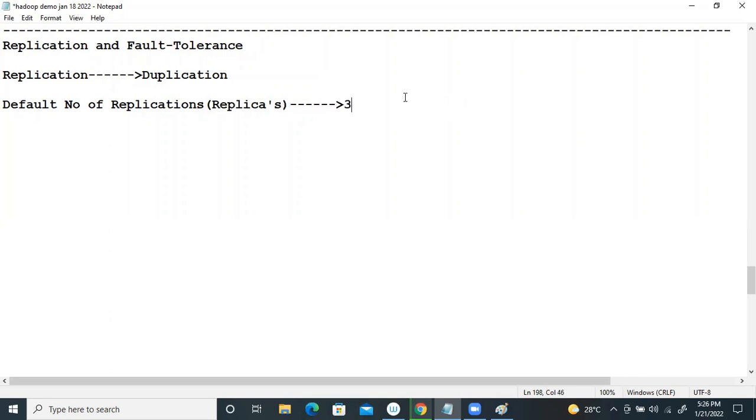We can configure it. It is like a backup. Replication is nothing but duplication, right?